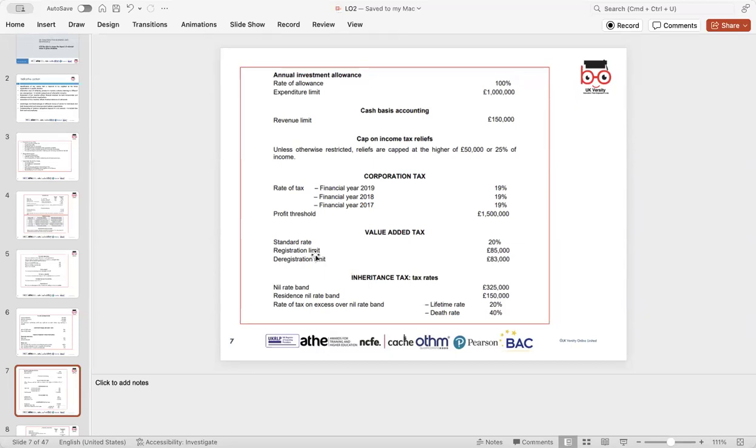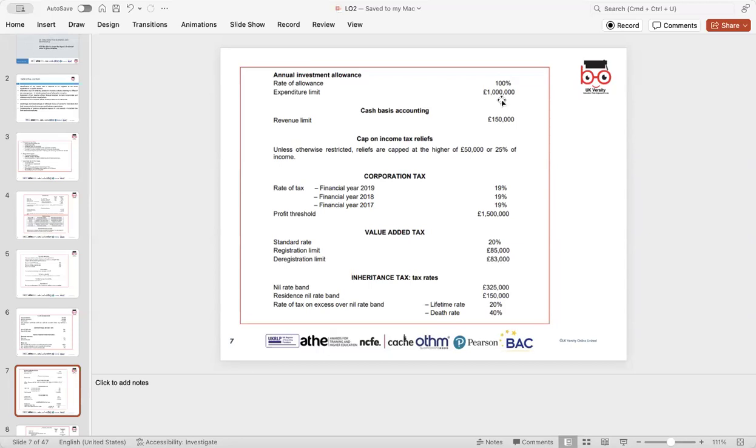The rate of allowance is 100%, meaning businesses can deduct the full cost of eligible assets from their taxable profits.